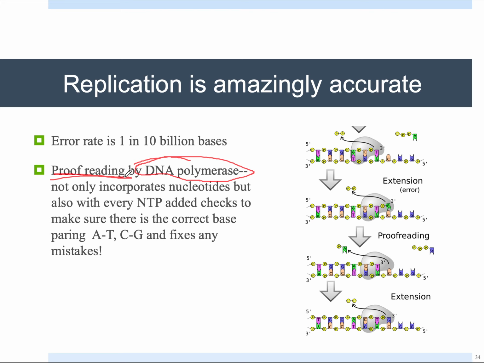It's very, very small. And that means the proofreading is exceptionally accurate. It goes through all the new molecules that have been synthesized and checks and makes sure that every base pair has correctly been paired. And if they haven't been correctly paired, there's an error. It excises it, cuts it off, and puts in the right base pair.